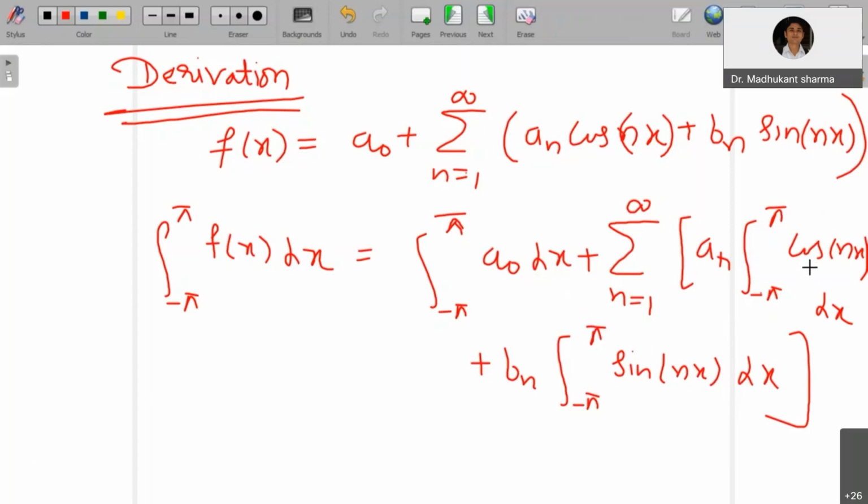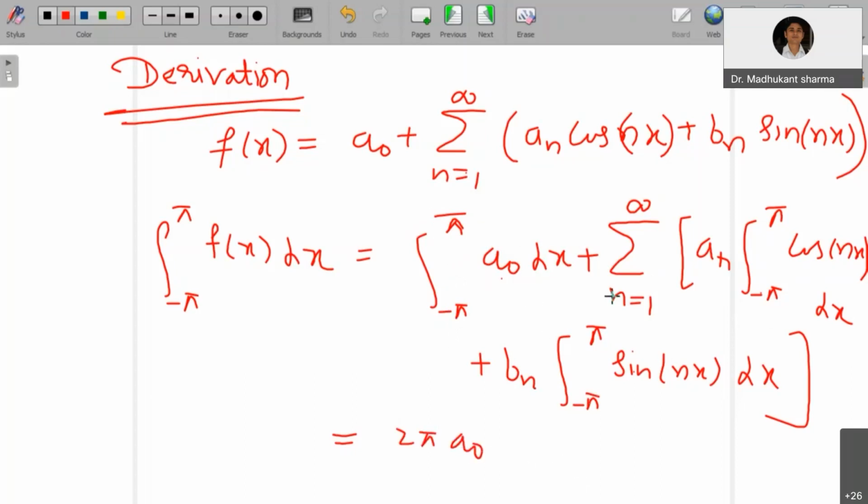Cosine integration, you know, gives sine. Sine integration, you know, gives cos. So it is very easy to verify that the upper limit minus lower limit is 0 for each value of n. So the left and right hand side is equal to a naught times the integral from minus pi to pi of dx, which is nothing but the length of the interval, that is 2 pi a naught.